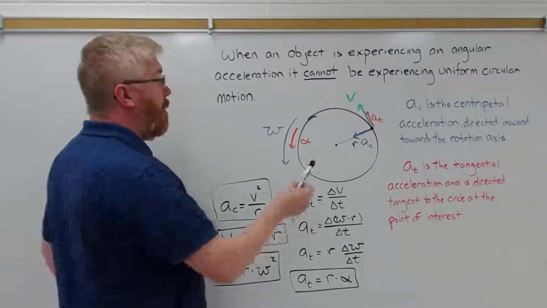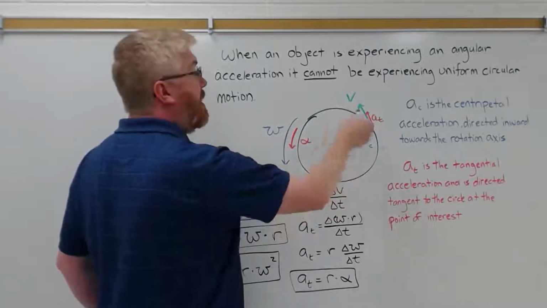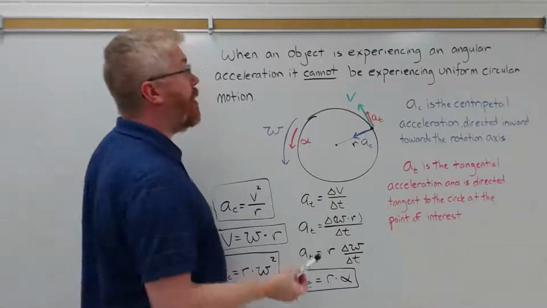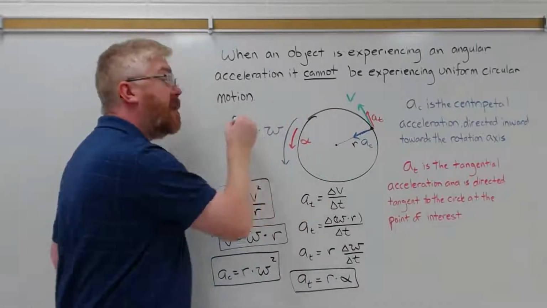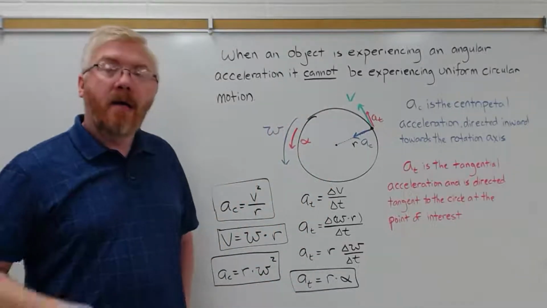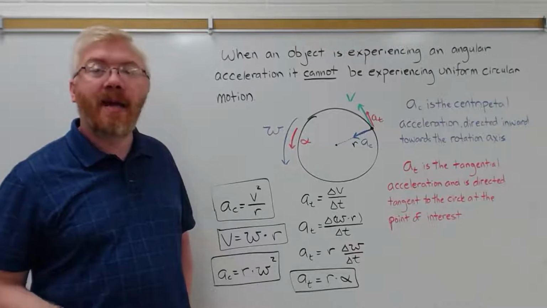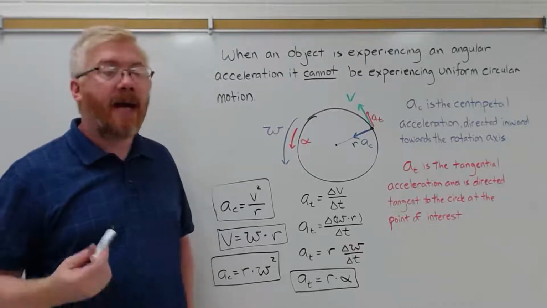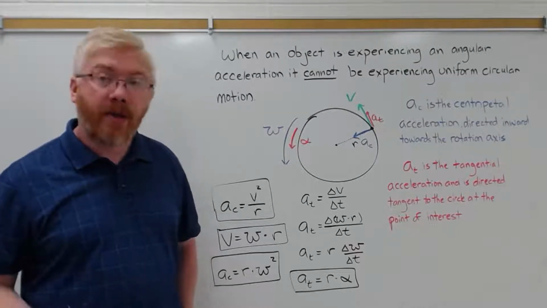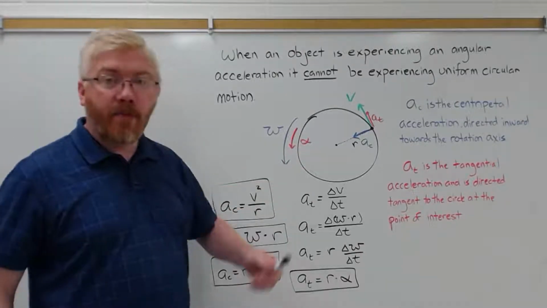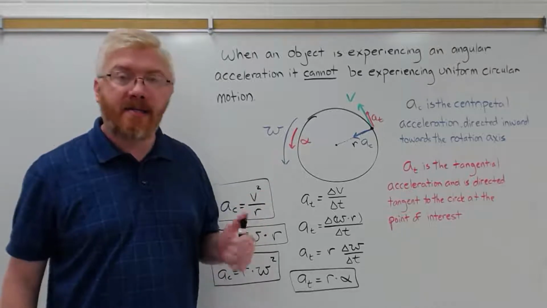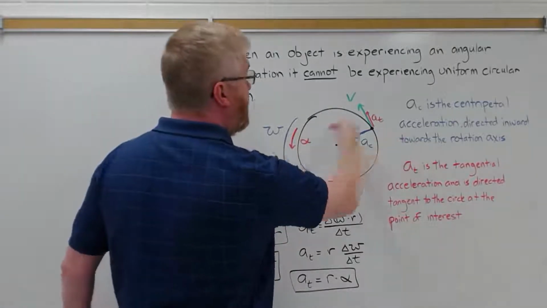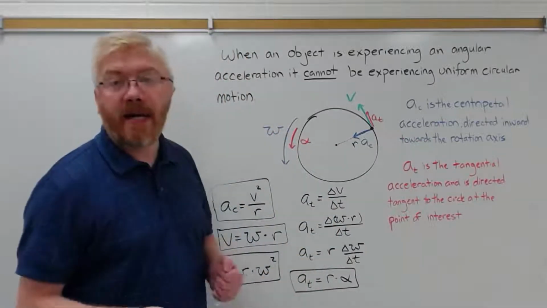So, when an object is experiencing an acceleration, if it's speeding up or if it's slowing down its rotation, it cannot be experiencing uniform circular motion. Uniform circular motion assumes that the rotation speed remains constant, i.e. there is no angular acceleration. But in this example, we're going to put angular acceleration into the system. It might be a bike tire, this is the front tire of a bicycle that's traveling to the left, that's speeding up.